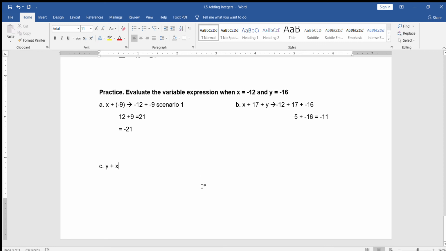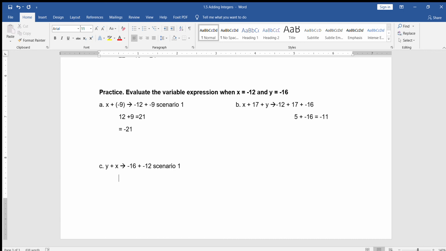Now let's try C. y plus x. First thing first, substitute the variables with numbers. y becomes negative 16 plus negative 12. This is scenario 1. So hopefully you guys know how to do scenario 1.